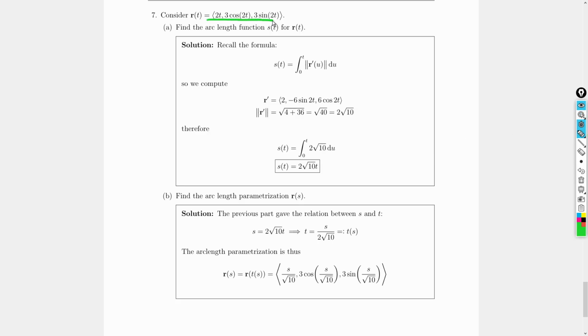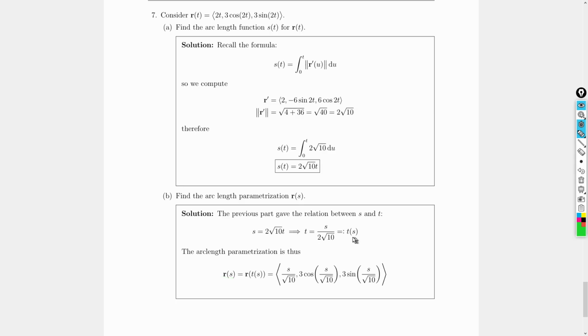All right. So yes, we have that function, and then what we're doing is we define r of s by composing it with this t of s function.